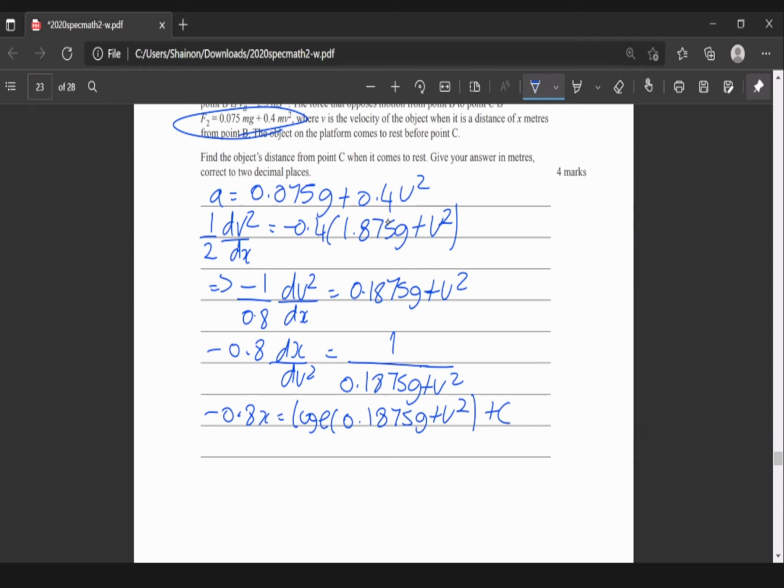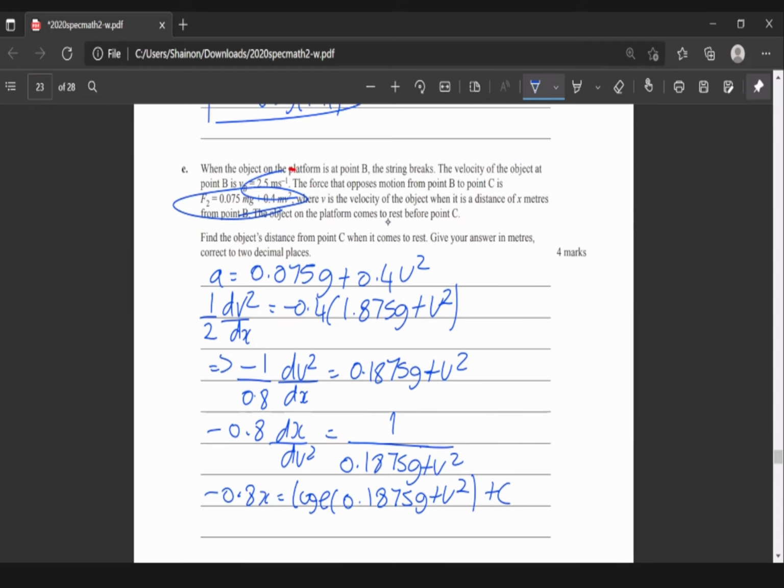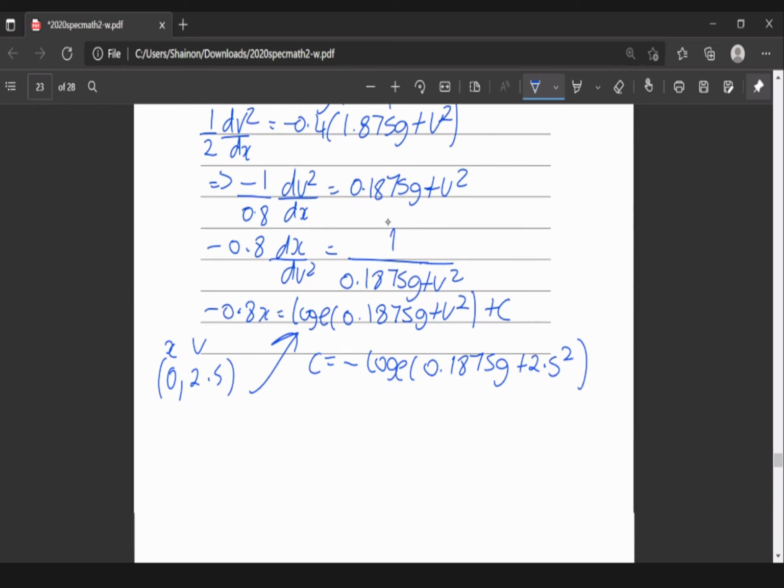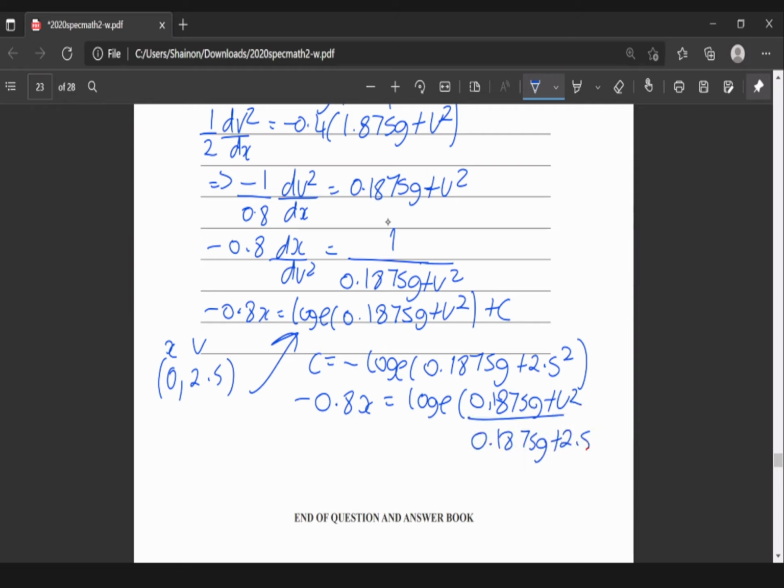Since we know when x equals 0, v equals 2.5, we sub that in and we should get c equal to negative log e of 0.1875g plus 2.5 squared. So then negative 0.8x is equal to log e of 0.1875g plus v squared divided by 0.1875g plus 2.5 squared.